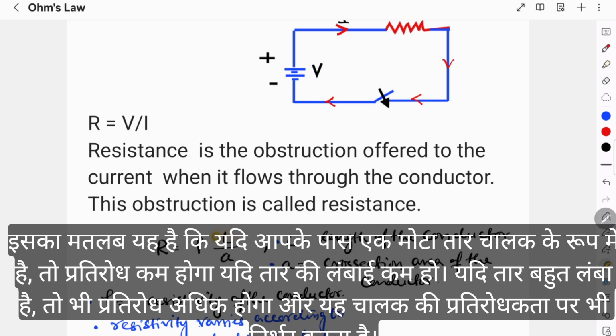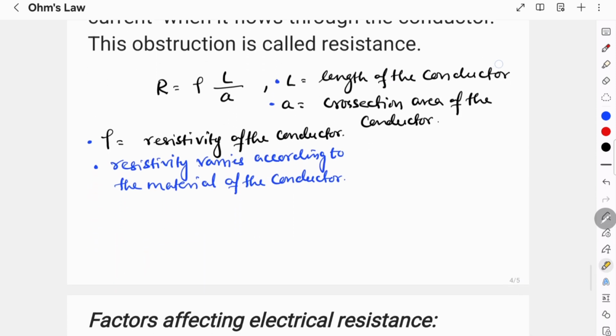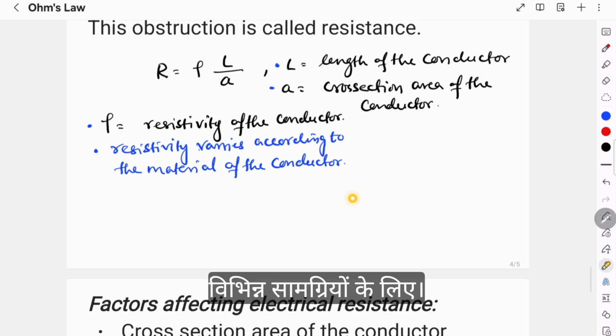Then L is the length of the conductor. If the wire is very long, then also the resistance will be higher. And it also depends upon rho, which is the resistivity of the conductor. The resistivity varies for different materials.